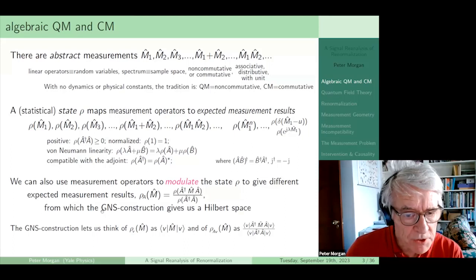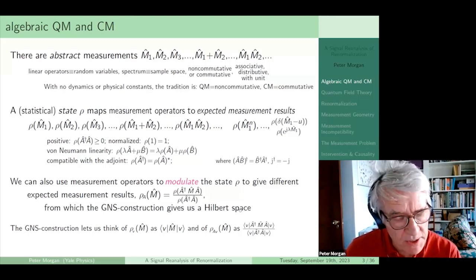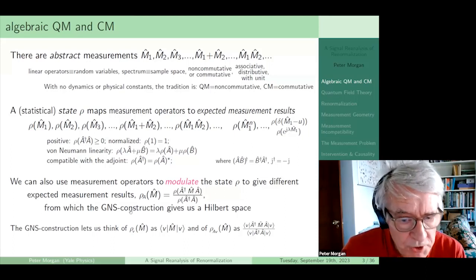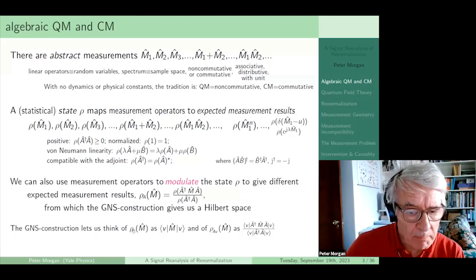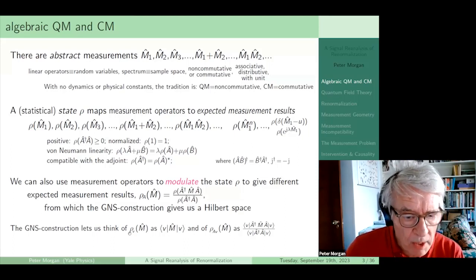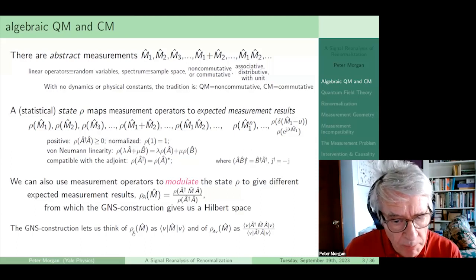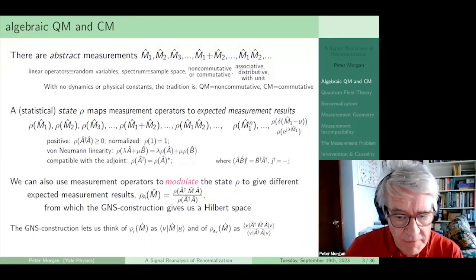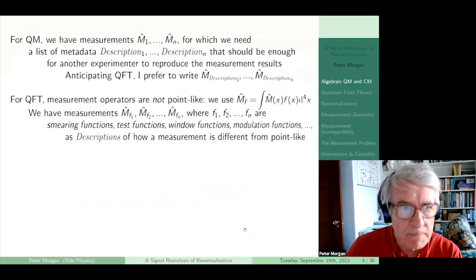And this allows us to use the Gelfand-Naimark-Segal construction of a Hilbert space. And that puts us into the land of quantum mechanics really quite solidly. And we can use the GNS construction to represent the state as a vector and a covector bracketed around the measurement operator, and similarly for the modulated states.